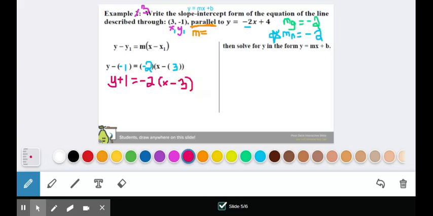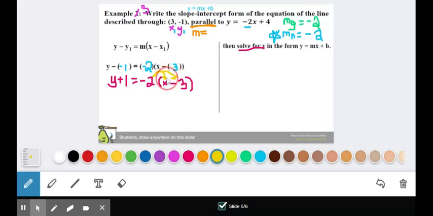Unfortunately though, I'm not done because they want me to get to y equals. So I need to solve for y. I can look at this and tell that my very first step is going to be distribution because I have a number hanging out right in front of some parentheses. And when I distribute, I'm multiplying to each term inside of the parentheses.